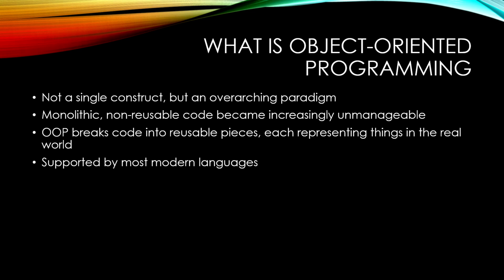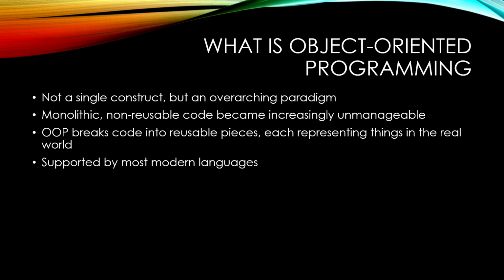So object-oriented programming came about as a means to streamline our work process and introduce code reusability. So, OOP breaks code into reusable pieces, each representing things in the real world. That is the gist of what you need to understand as far as what object-oriented programming is.